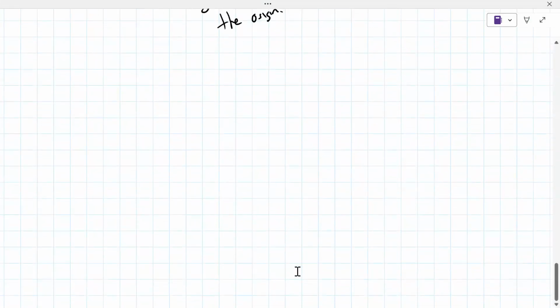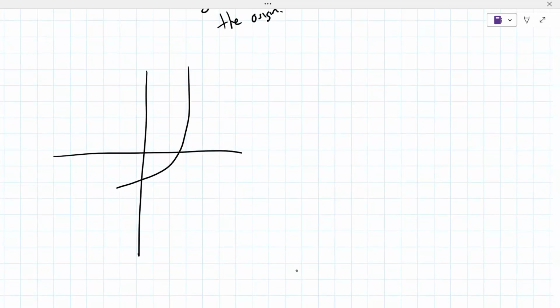Okay, so let me draw another graph. Does this go through the origin? No.